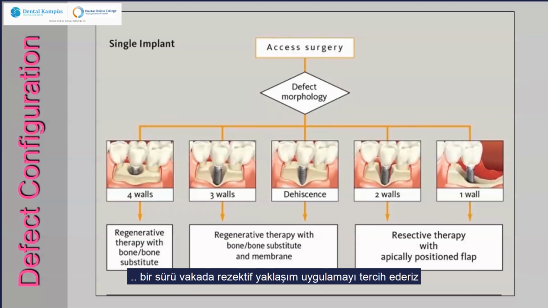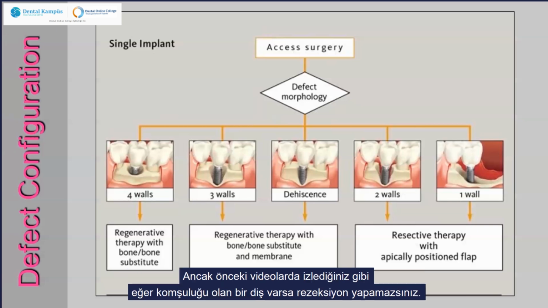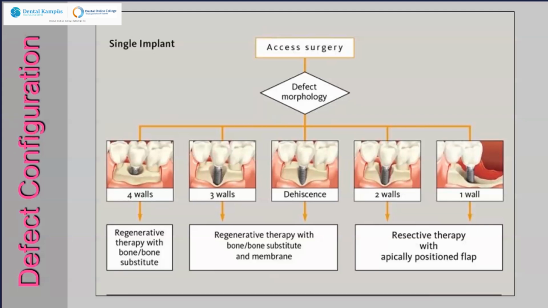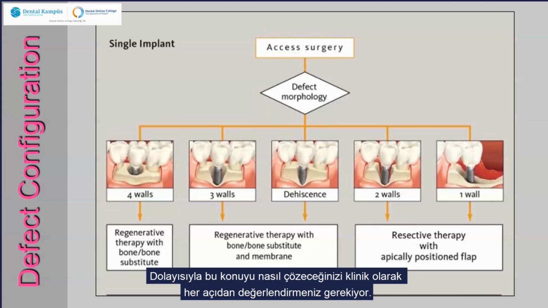In many cases, we would prefer to do a resective approach. However, as you saw just maybe 30, 40 minutes ago, if you have a tooth adjacent to this, you cannot do the resection. So you have to take into account from each and every clinical situation how to handle it.